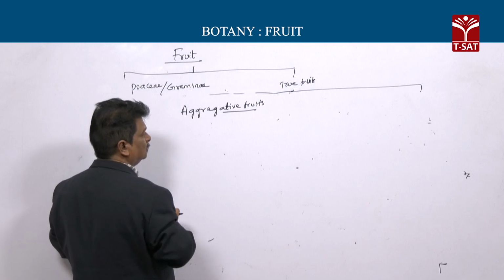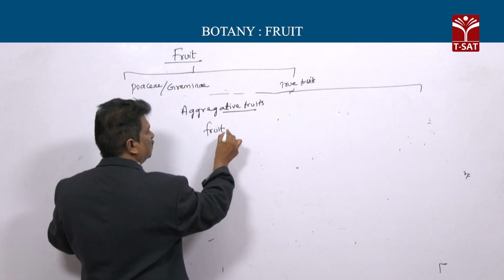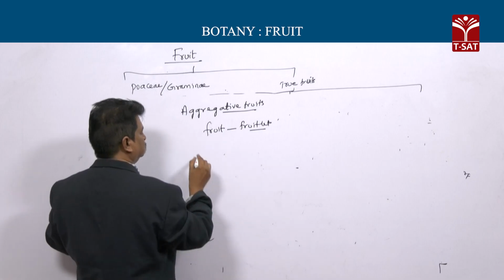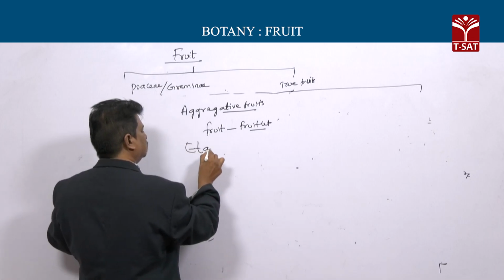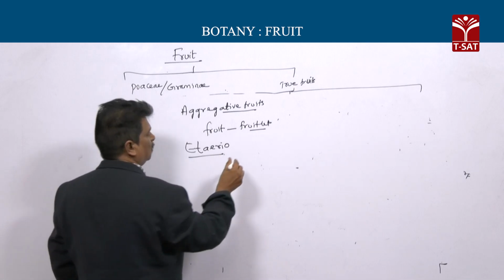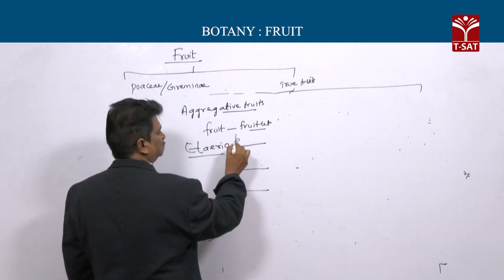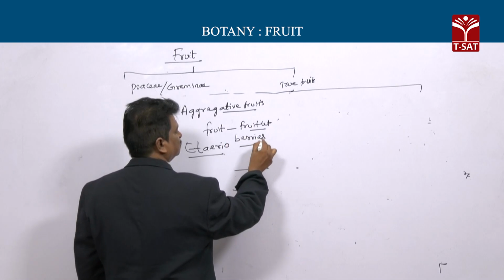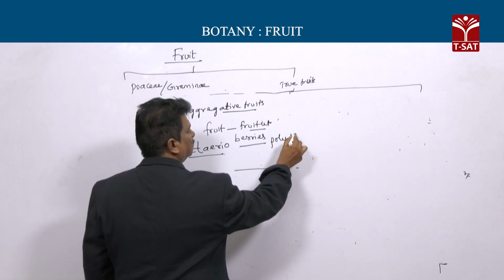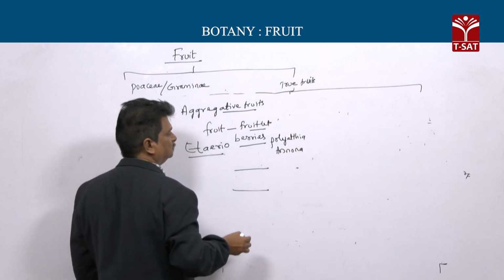So each carpel develops into a small fruit called a fruitlet, and a bunch of fruitlets is called an etaerio. Etaerio of berries is seen in Polyalthia and also Annona, custard apple.